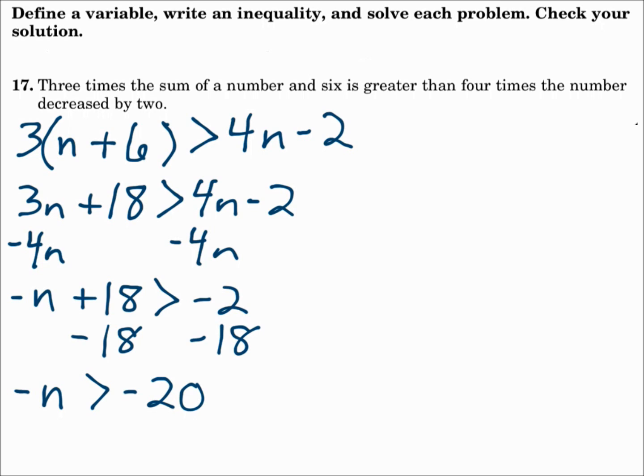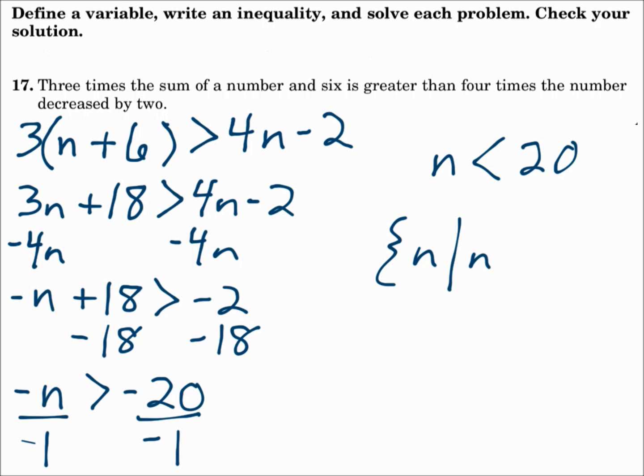And that's a negative n, which is really negative 1 times n. So to get n by itself, do the opposite and divide both sides by negative 1. Since we divided by a negative, we flip that sign around. We have less than 20. All n such that n is less than 20.